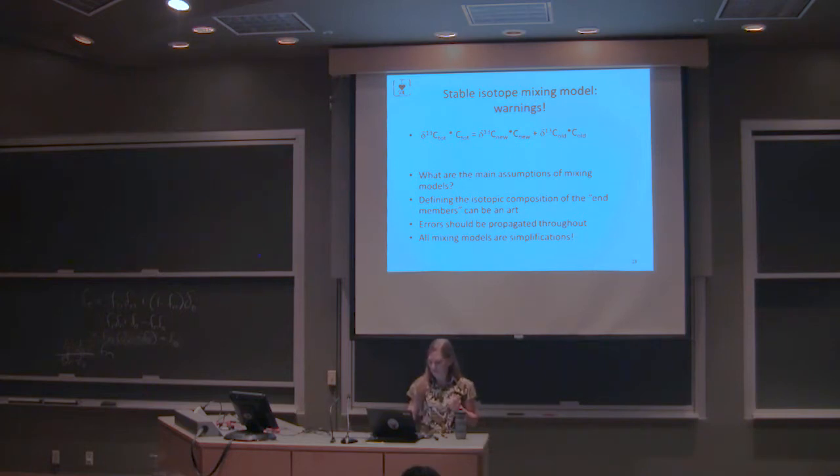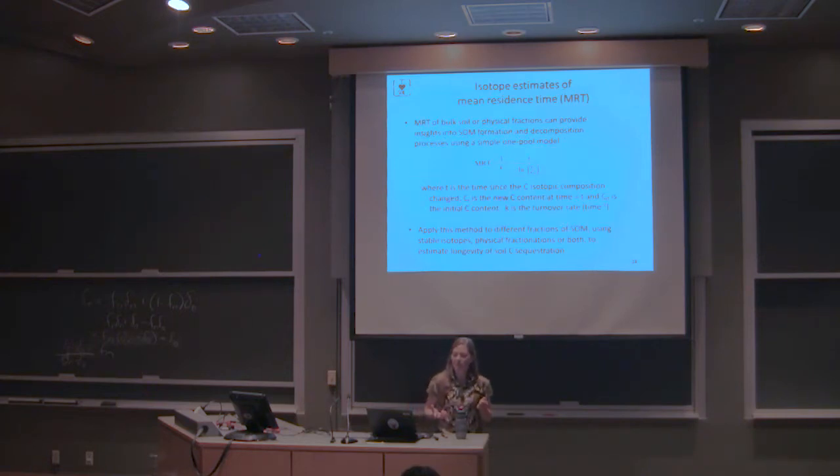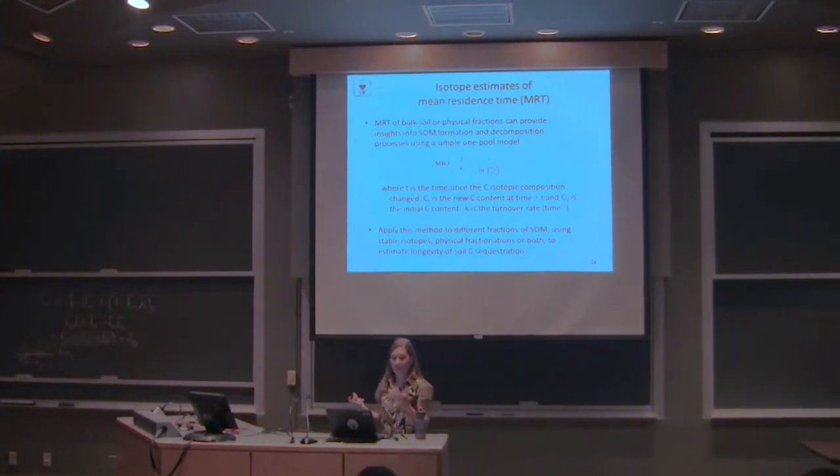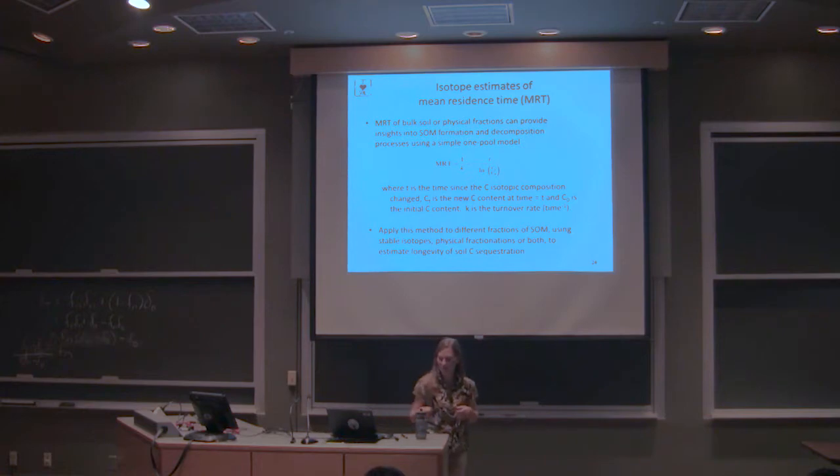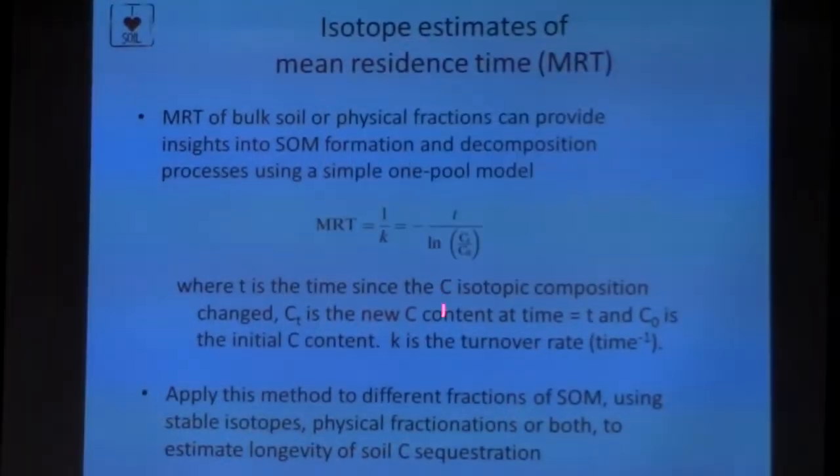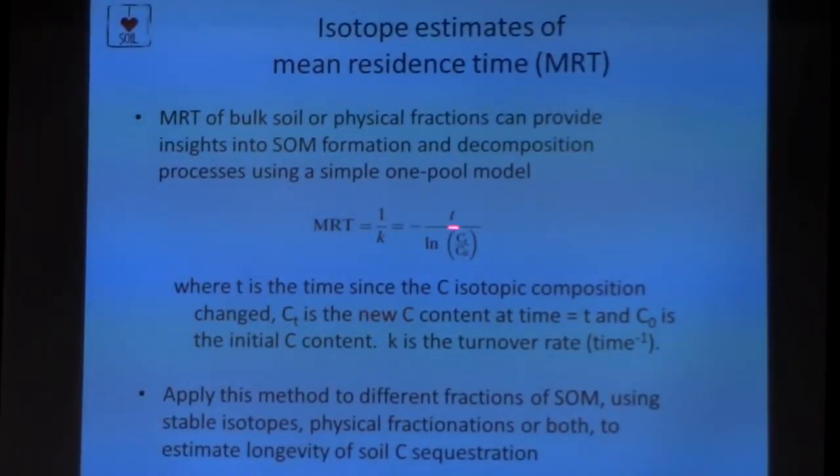Good, so let's say we've measured our soil organic matter, we've done the fraction old, and we're trying to understand its mean residence time. All we need to do is use a simple exponential decay model and plug in the carbon amount, the mass of new carbon or old carbon, either one would work, at time t and the initial carbon content, and then we can solve for the mean residence time.